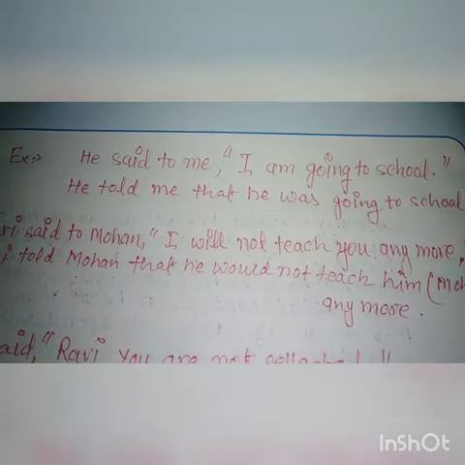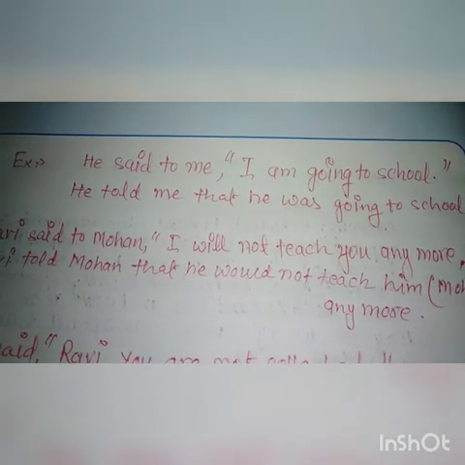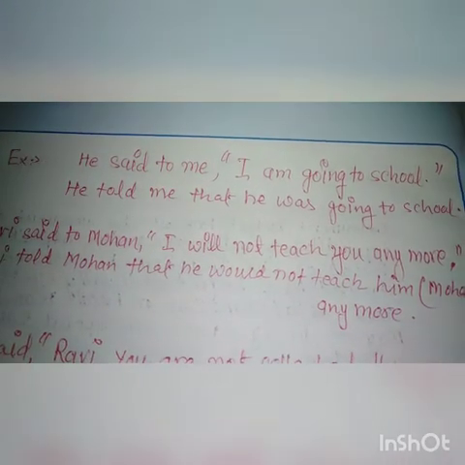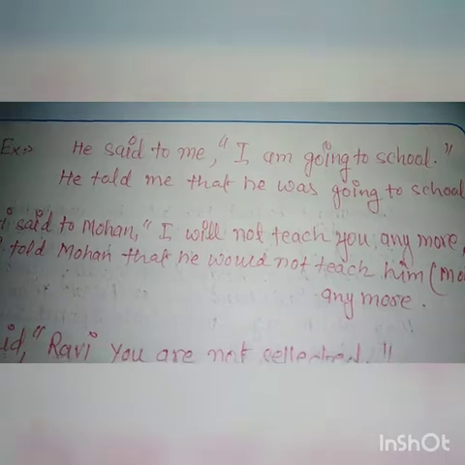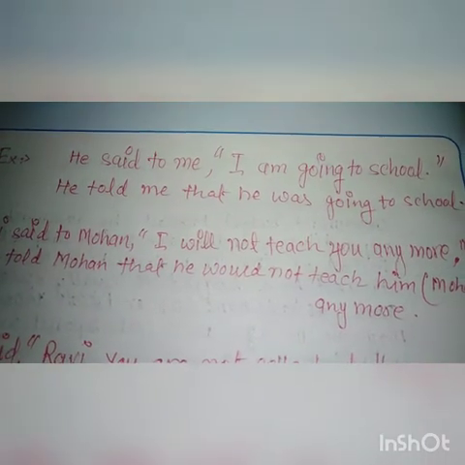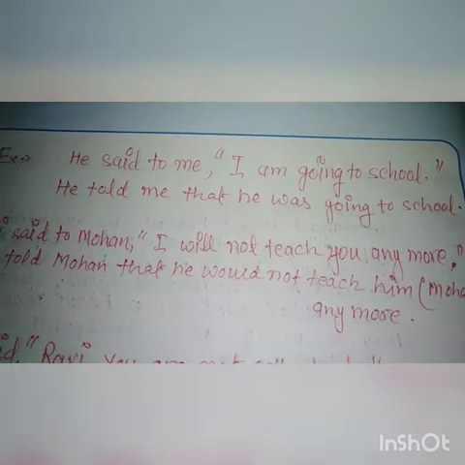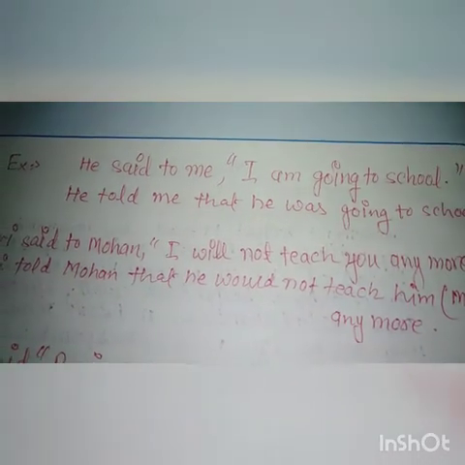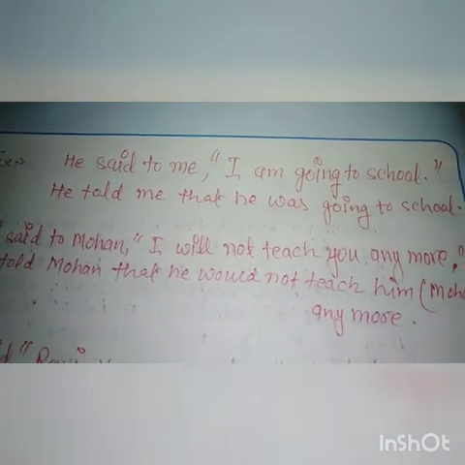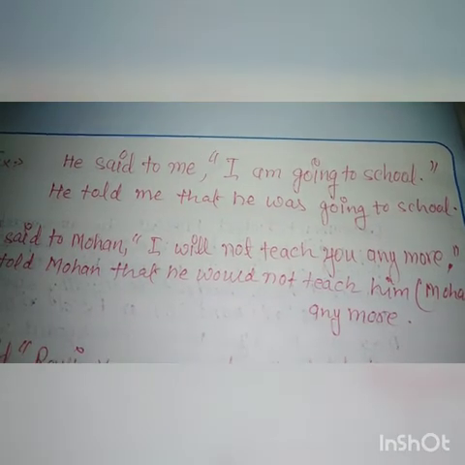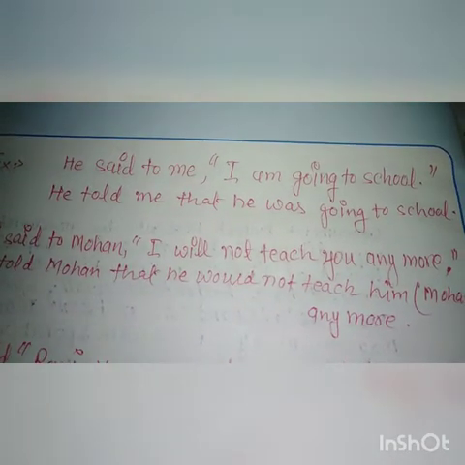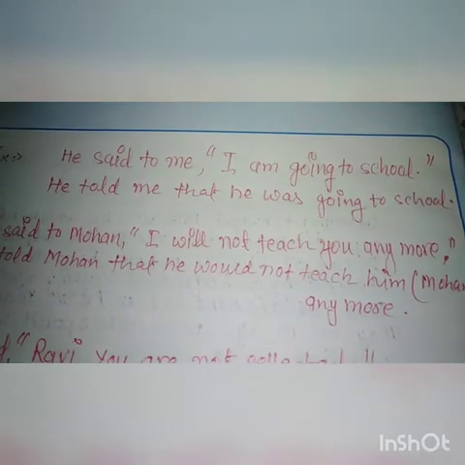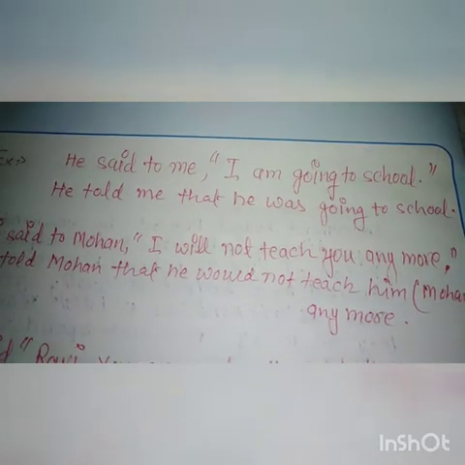Though the pronoun will change according to subject, the number and the case will remain the same. We are changing the tense also. You can see in direct narration we have present continuous tense, but in indirect narration we are changing it into past continuous tense. All the changes of tense will remain as we have discussed earlier.